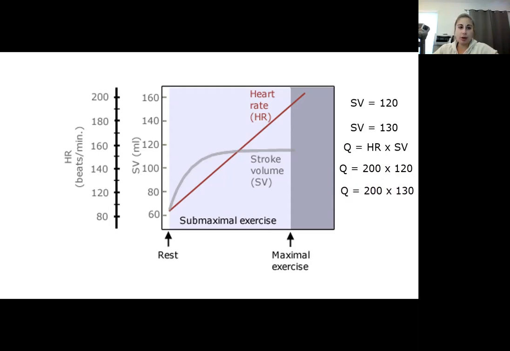Well, obviously we're going to get a higher number, right? Because I'm pumping more blood per beat and I'm going at maximal intensity. So as a trained person at maximal level, my heart rate will still be at its max, okay? So that's why during maximal exercise, cardiac output goes up with training, because of the increase in stroke volume. All right, hopefully that makes sense.